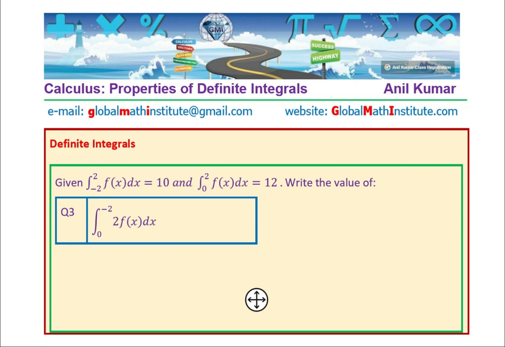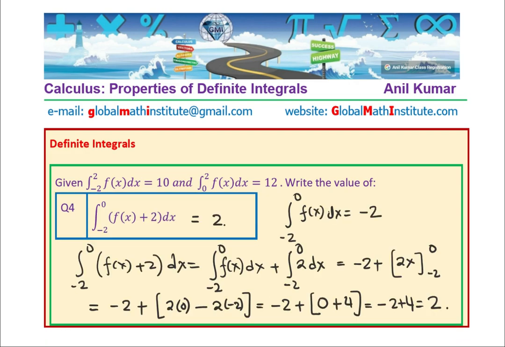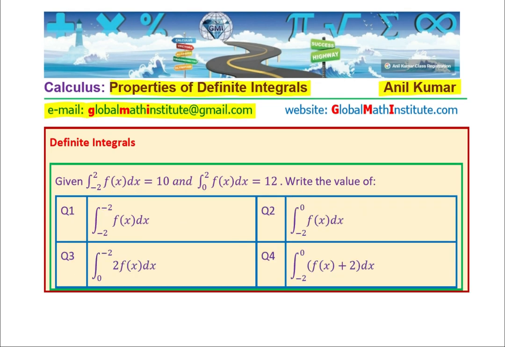So that is how we are going to answer all these questions. There was one more question here, which I skipped, question number 1, which is the integral from minus 2 to minus 2 of f of x dx. What is that? Well, if the limits are the same, it is definitely equal to 0, correct? So we got all our answers. The first one was 0.